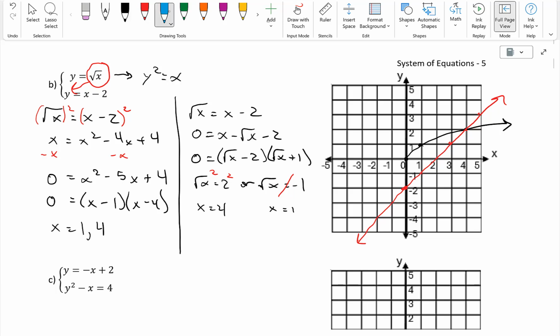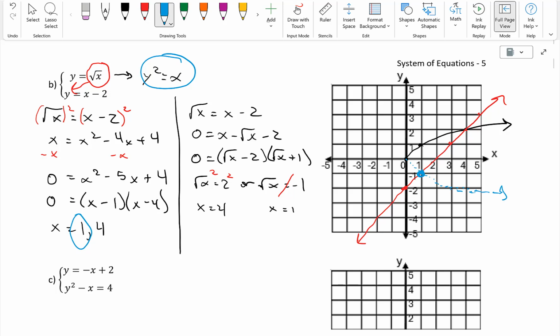That's that parabola that opens to the right. So when we are squaring and getting this extra answer, it's looking at the bottom half of this parabola, right? And so that's why we're getting the second answer here at x equals 1.